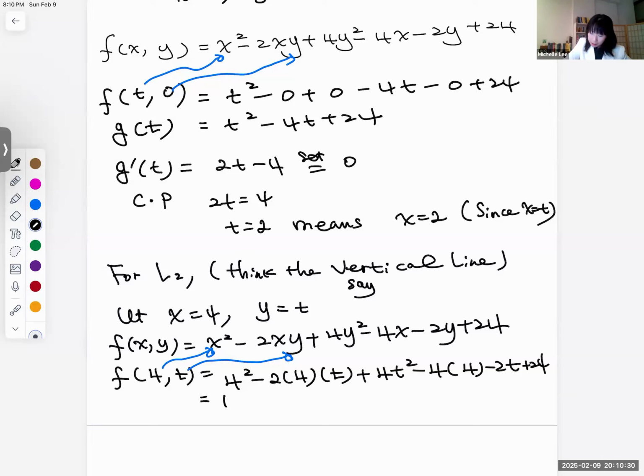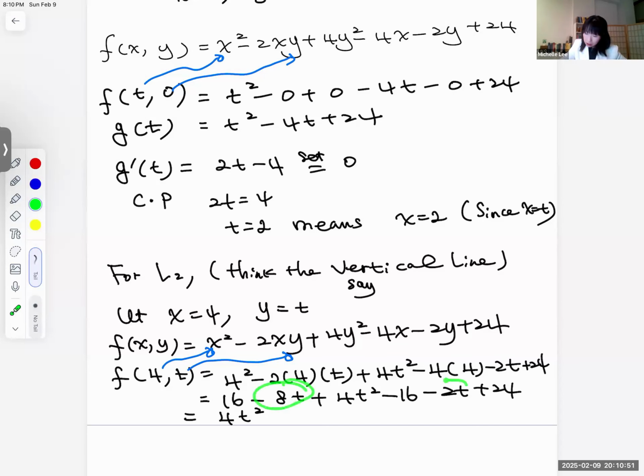So there will be 16 minus 8t plus 4t squared minus 16 minus 2t plus 24. Combining like terms, we have 4t squared by itself, negative 8t minus 2t, so negative 10t, and plus 16, negative 16, positive 24, which is 24.